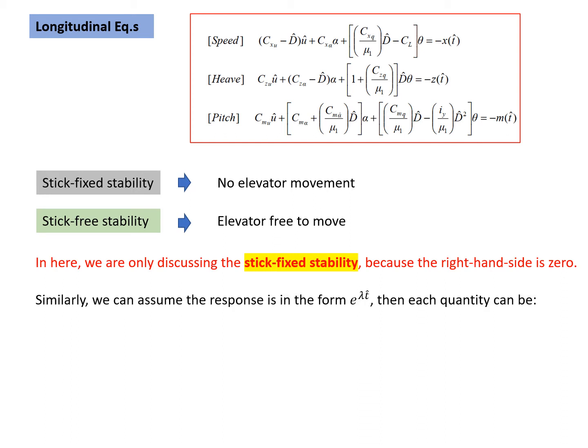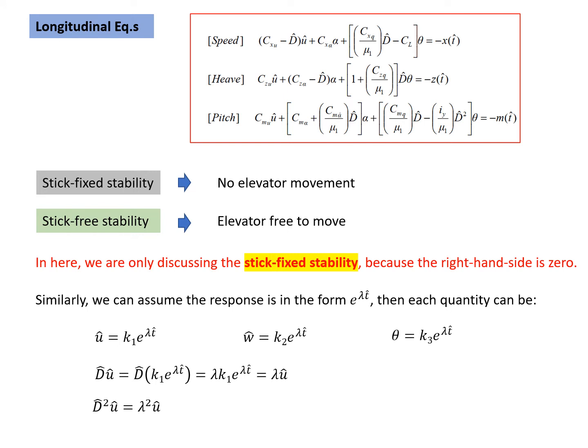Similarly, we can assume the response or the solution is in the form e to the power lambda t, where t is in the non-dimensional form. Each quantity can then be expressed. So we have u hat, the non-dimensional velocity disturbance, equal to k1 times e to the power lambda t hat, and similarly for w and for theta.